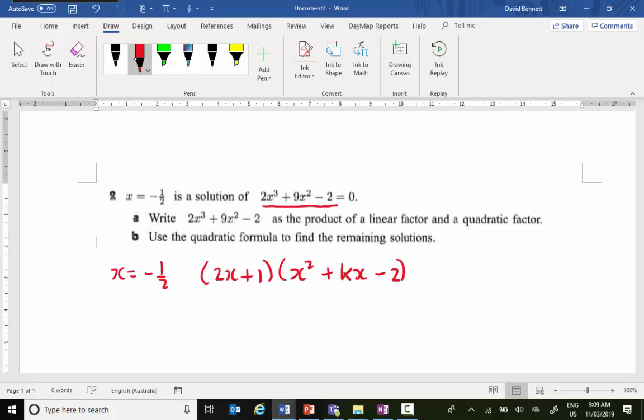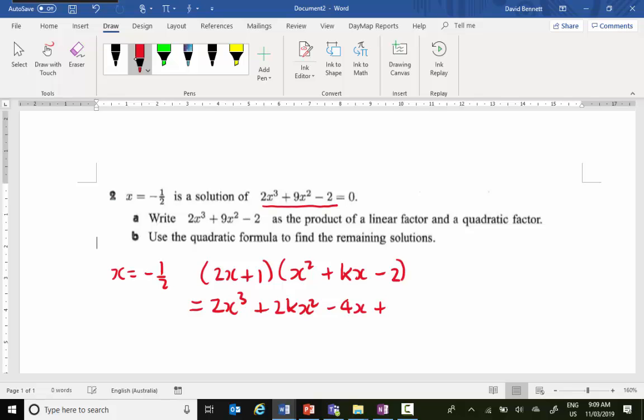So now what I've got to do is expand that out, and then equate that to be the same thing over here. So I'm going to get 2x cubed. I'm going to times 2x by kx, that's going to become 2kx squared. 2x times by minus 2 is going to be minus 4x. I'm going to do the same thing with the 1.